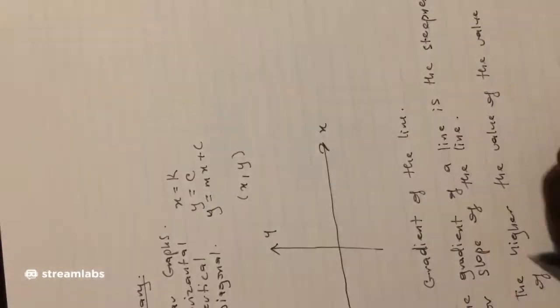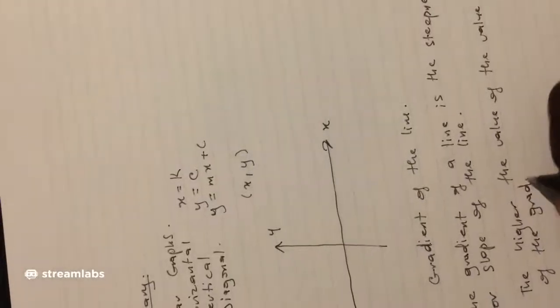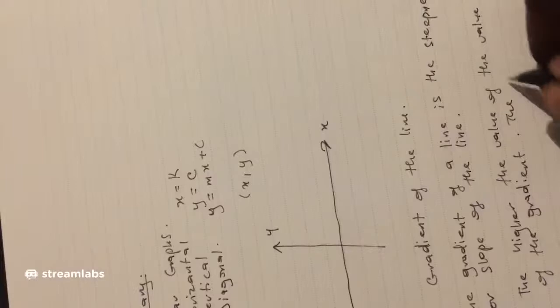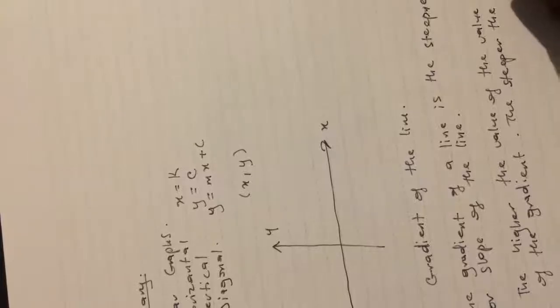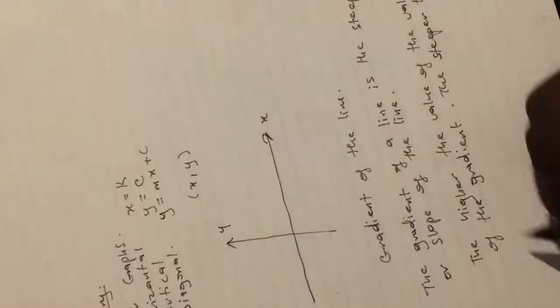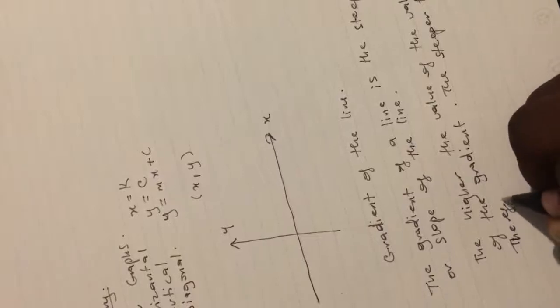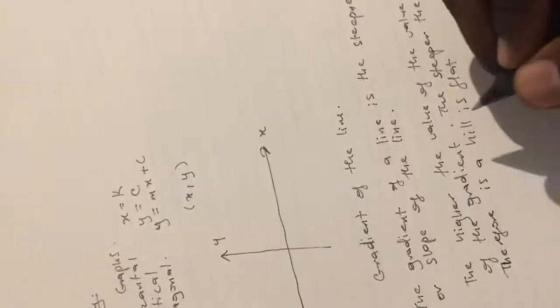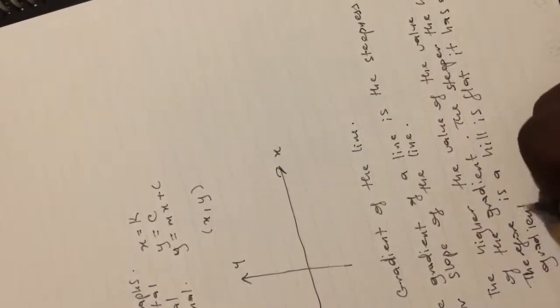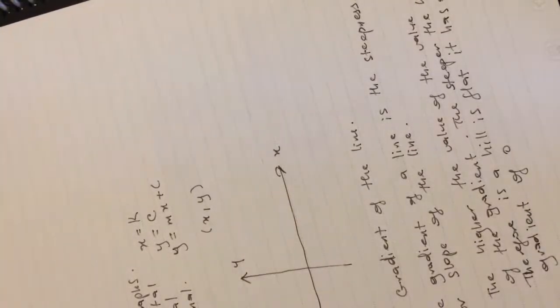The higher the value of the gradient, the steeper the hill is. Therefore, if a hill is flat, it has a gradient of 0.